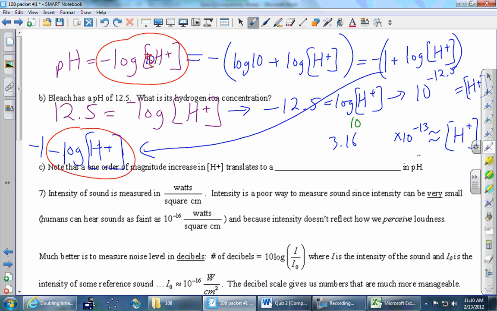So if you increase the hydrogen ion concentration by multiplying it by 10, what happens on this 0 to 14 scale? You go down 1. If we had bleach at 12.5 and we made it 10 times the hydrogen ion concentration, what's the new pH? It goes to 11.5.